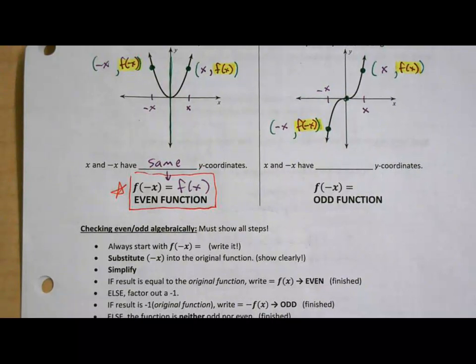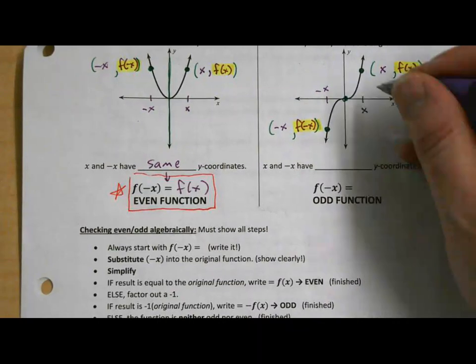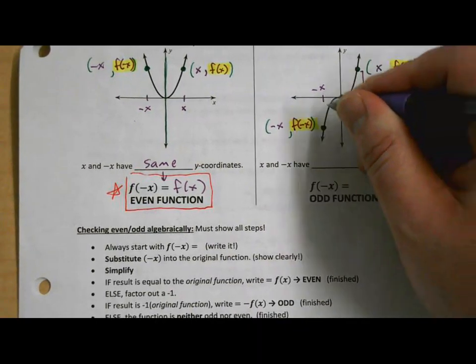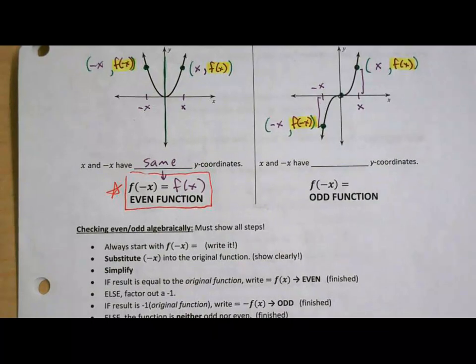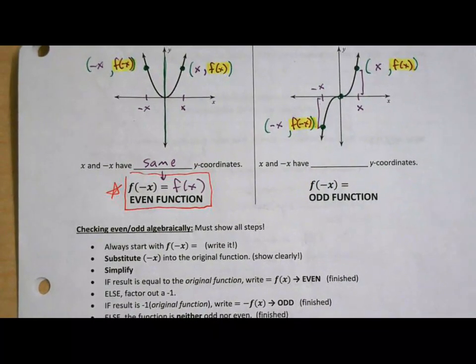How are they related and how are they different? One's negative and one's positive. That's key. How is this distance here related to this distance here? The distance is the same. It's just that one's positive and one's negative.